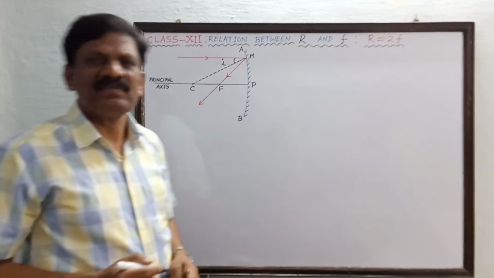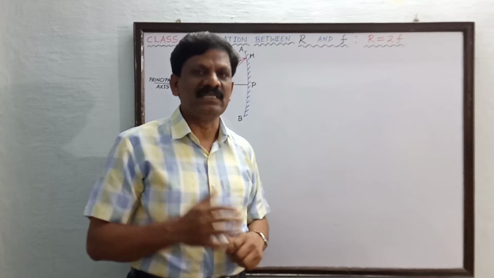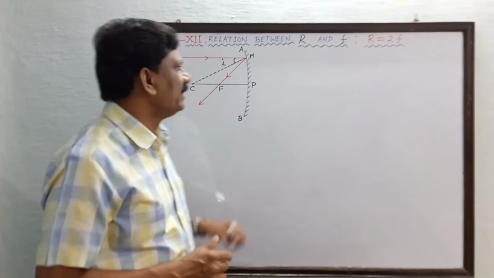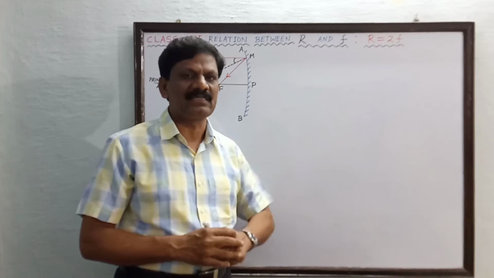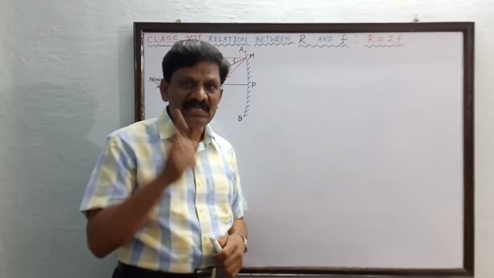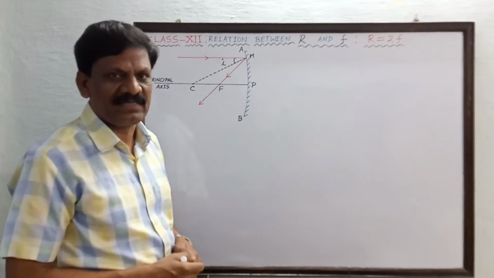Okay, we have studied the rules for the formation of the images. At that time we have studied that when a ray of light is incident parallel to the principal axis, the reflected ray must travel through which point? Through the principal focus. Is it not?